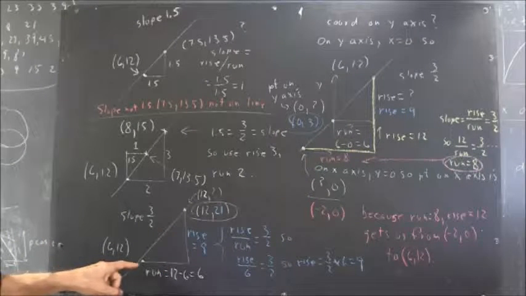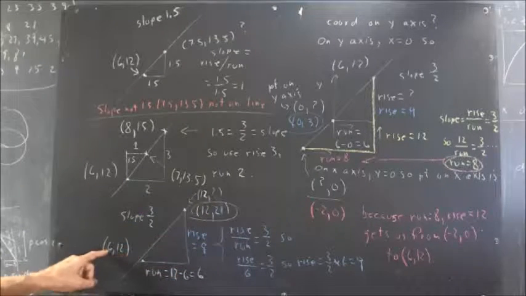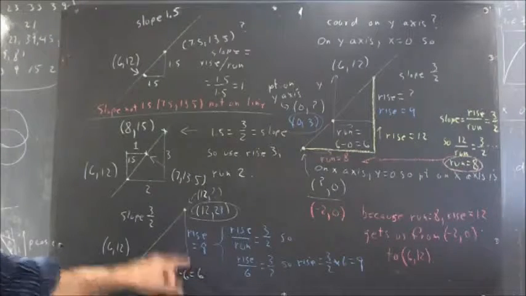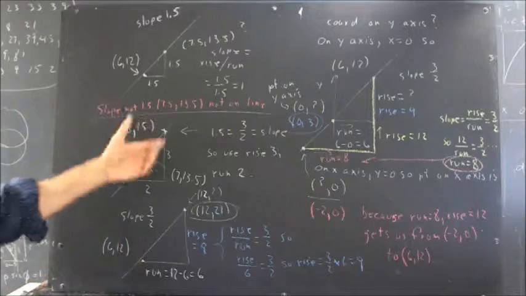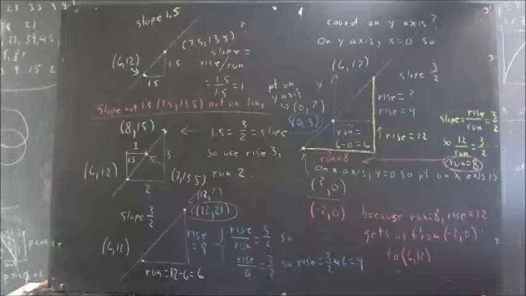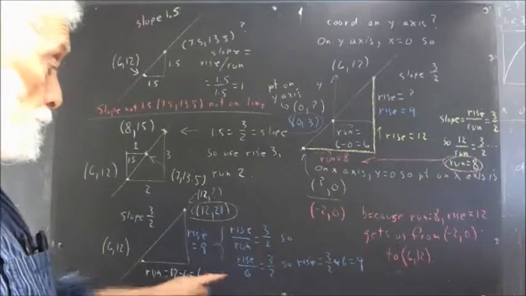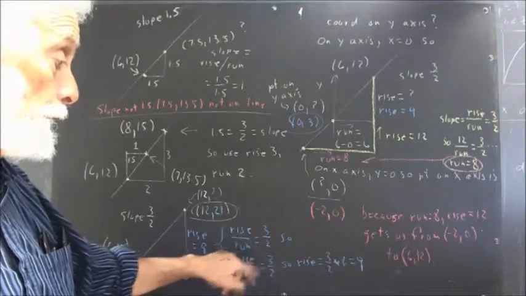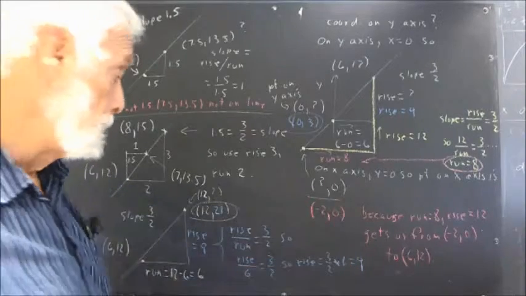So that means that starting from this point, our run is going to be 12 minus 6, which is 6. Now, if our run is 6, what rise do we need in order to have a slope of 3 halves or 1.5? Well, rise over run needs to be 3 halves. We're stuck with a run of 6, so the rise is going to be 3 halves times 6, or 9.